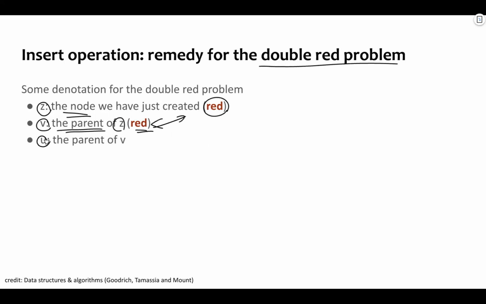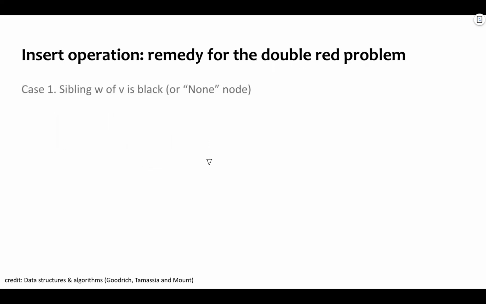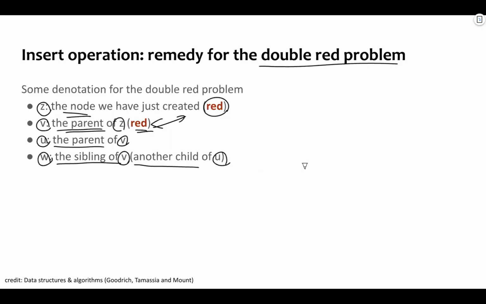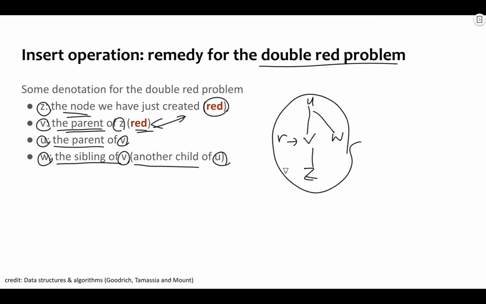And let's say U is the parent of V, and W is the sibling of V, another child of U. So the parent of Z is V, and the parent of V is U, and the sibling of V is W. So this is the configuration. And V is red, Z is red. Okay, so we are considering this situation.